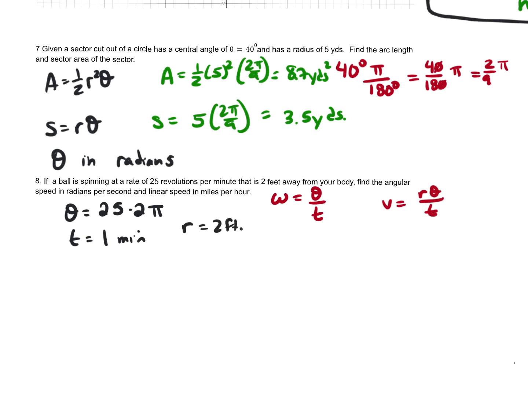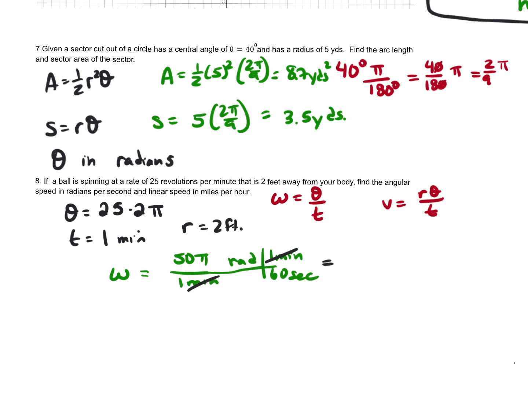So let's start with angular speed. Angular speed is simply the angle, which is 50 pi, divided by 1 minute. Now this is in radians, and we want our thing in radians per second. So we have radians, but we don't have seconds. But we do know that 1 minute has 60 seconds in it.